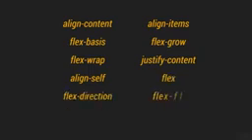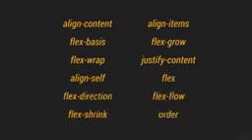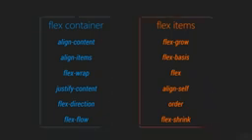When it comes to Flexbox properties, there are many different properties which Flexbox offers, and they are separated as Flex container and Flex items properties. I'm going to divide this Flexbox session into 2 lectures.